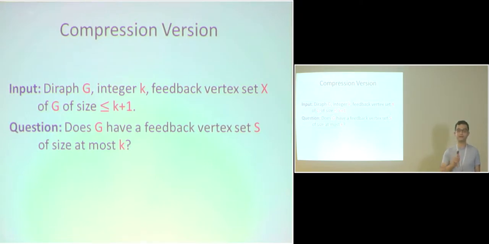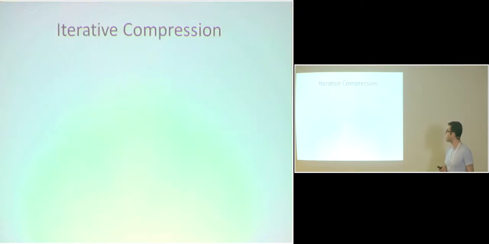I don't think I actually defined this, but I hope you figured out that a feedback vertex set is actually a solution, right? Like a feedback vertex set is the set so that after you remove it, what is left, you have a DAG. Yeah? Okay, so I have one of size k plus 1. I ask you, do you have one of size at most k? And my parameter is again k.